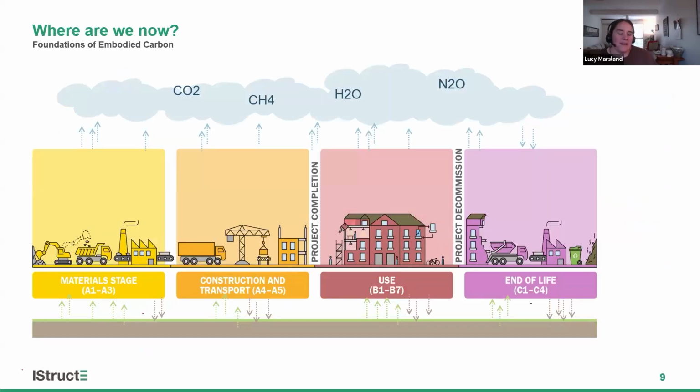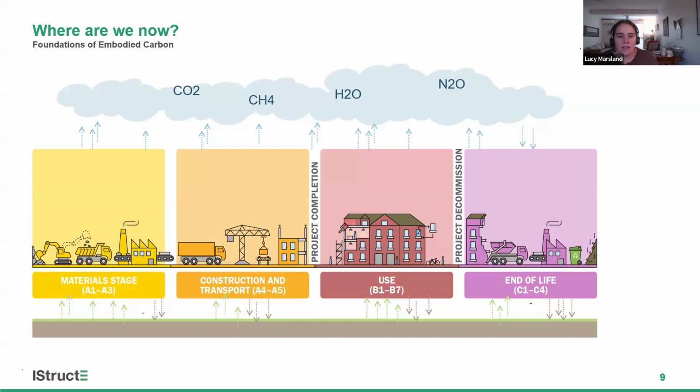Right at the moment, if anyone isn't sure, when I say carbon, I'm talking about the emissions of greenhouse gases. And we know that our construction projects, all important, need to consume resources and emit. They do emit greenhouse gases as a result of the processes upstream and also downstream of the construction stage that we all sit within.